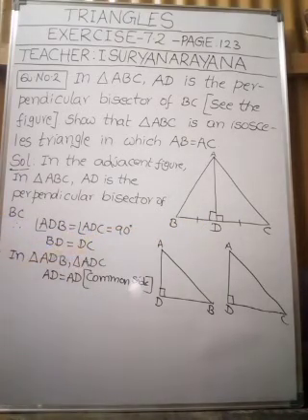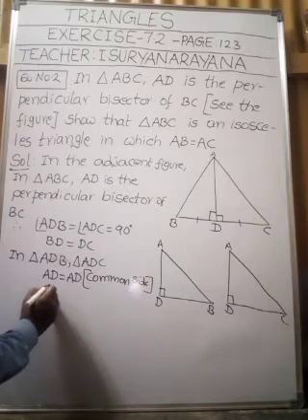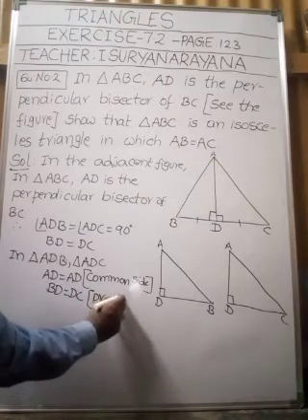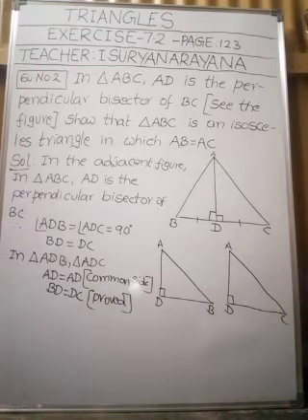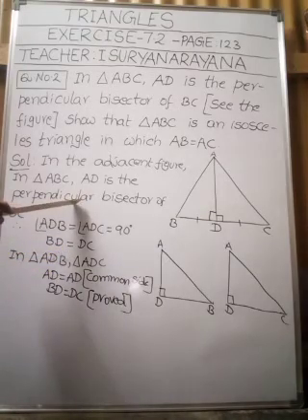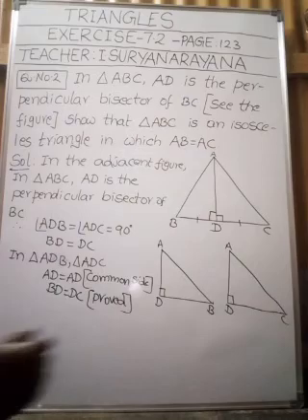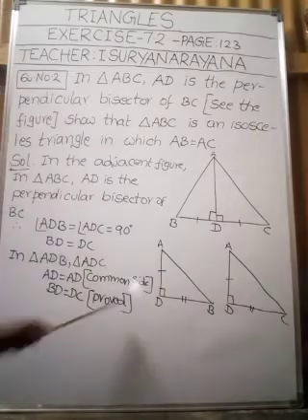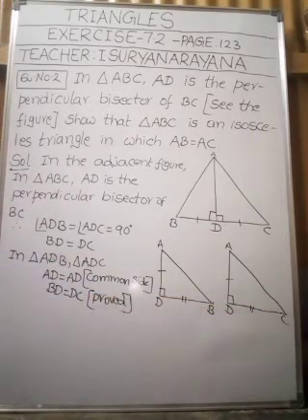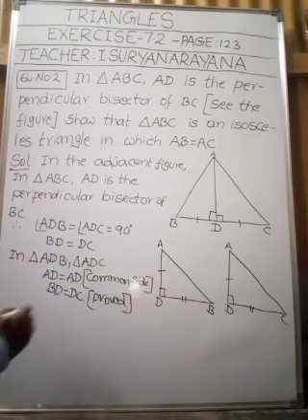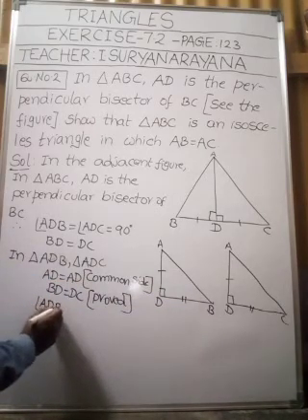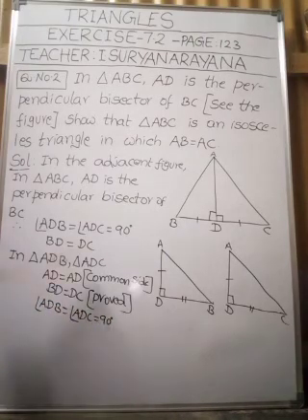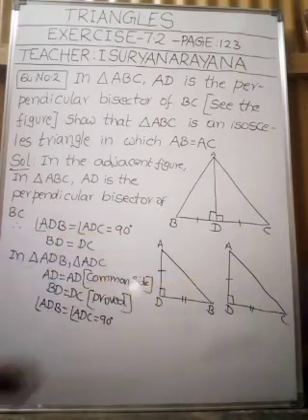We have proved here with the help of this statement, BD is equal to DC. Okay, my children. Angle ADB is equal to angle ADC. This is also proved here. Angle ADB is equal to angle ADC is equal to 90 degrees.